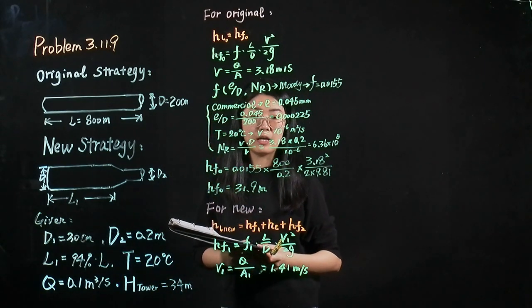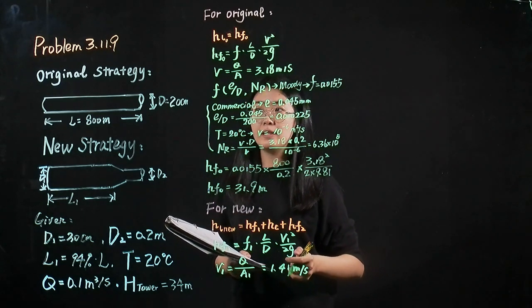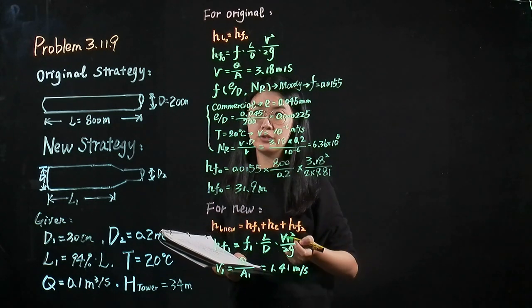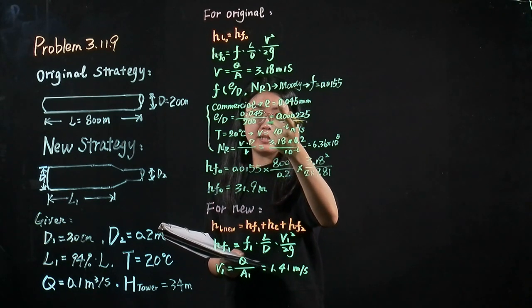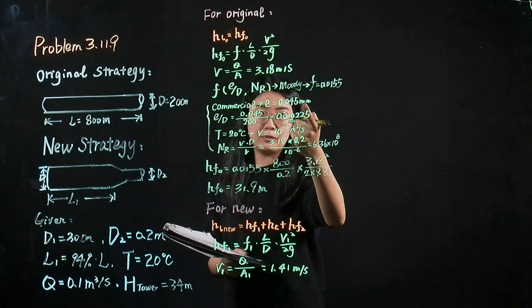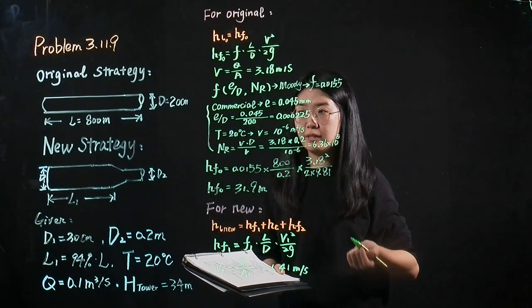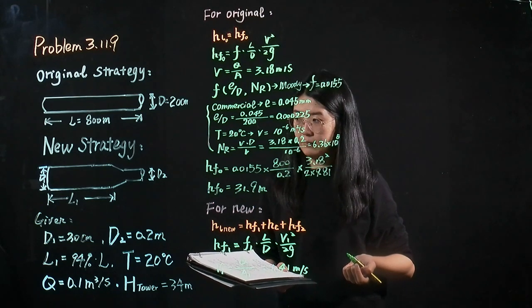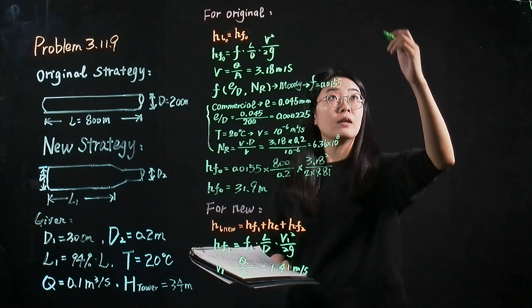The next step is to calculate the friction factor 1 here. Because we already know the pipeline is made of commercial steel, the roughness is 0.045. Then we can directly calculate the relative roughness in the first part of the pipe.